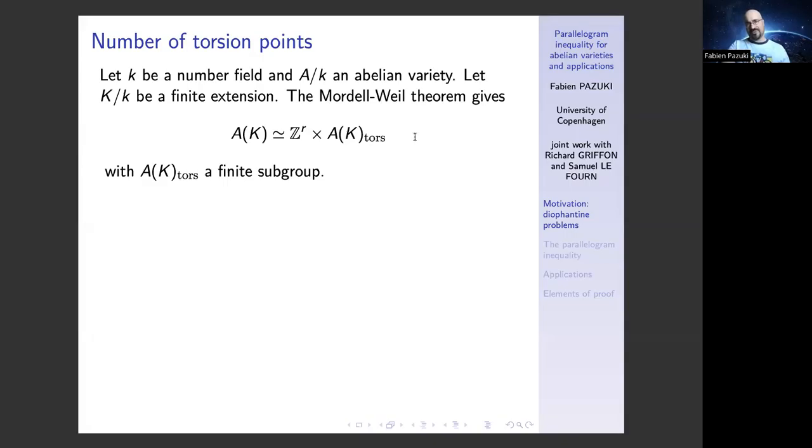So Mordell-Weil tells you that, in fact, if you want to understand all the structure of the rational points on an abelian variety, basically you need a finite amount of data. You need the rank, you need the torsion subgroup, and then you also need the generators for both sides of this structural theorem.